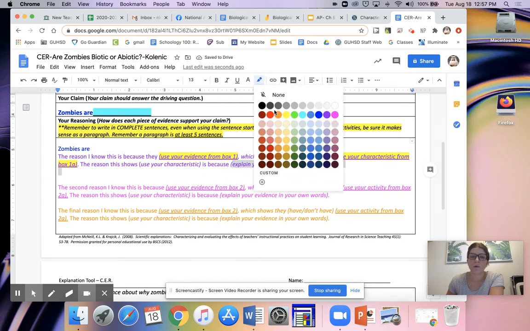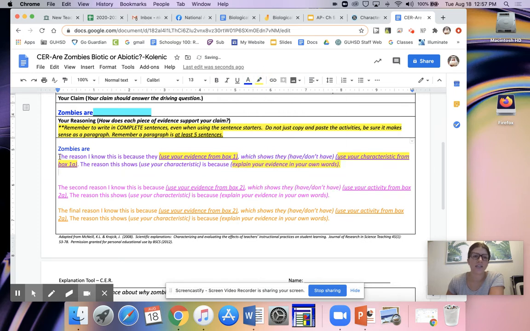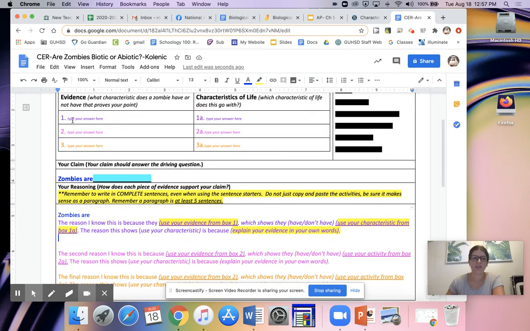So for this first one, again, you can keep this. The reason I know this is because then you're going to use, again, it says use your evidence from box 1. Here's box 1. So if you said they move, you can put they move, which shows they have or don't have. So pick whichever one applies to you. And then you're going to use your characteristic from box 1A. So whatever you typed here.